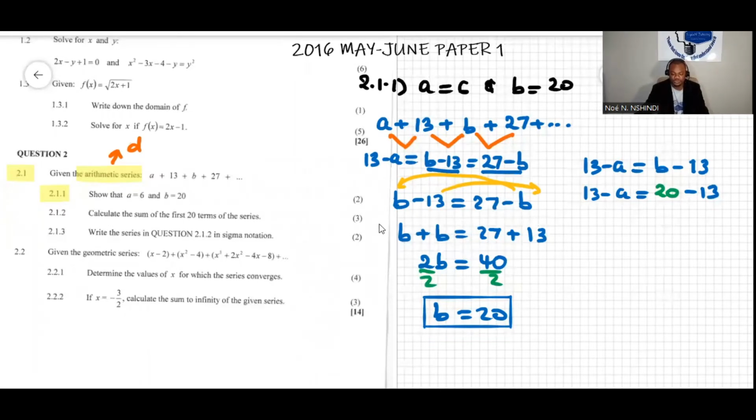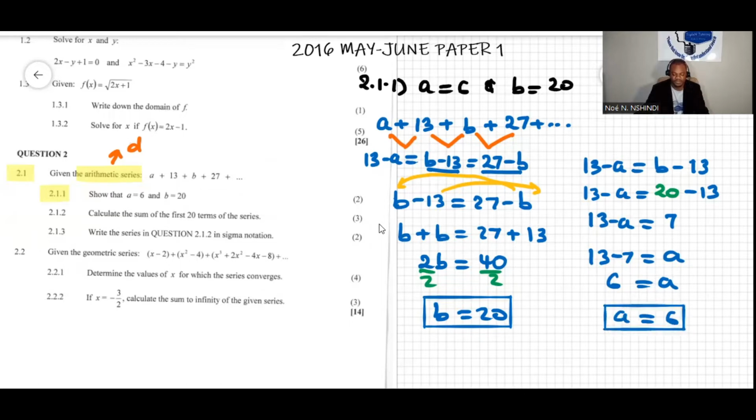Now we're going to simplify. 13 minus A is just 13 minus A, and 20 minus 13 is equal to 7. So if I move the 7 over and move the A over, it's 13 minus 7 equal to positive A. And then this is 6 equal to A, or A equal to 6.